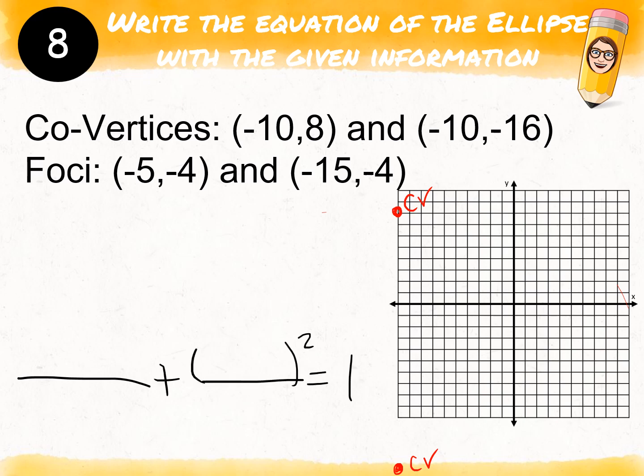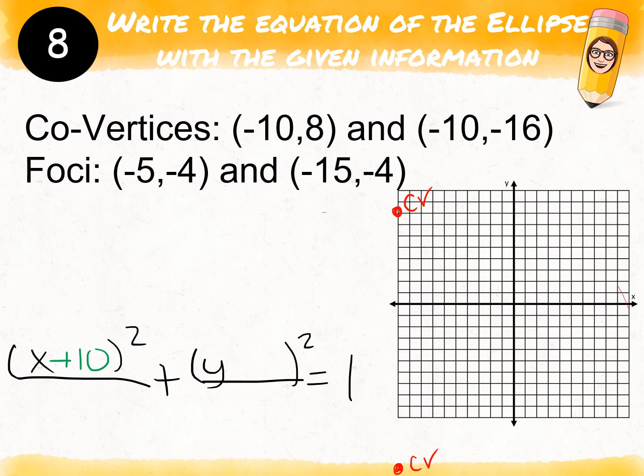So let's prep that so we can fill in those numbers. If I find the middle of those two dots, I'm going to exist at negative 10. That's guaranteed, so I can write plus 10. But we need to calculate our y value. The distance between negative 16 and 8 is 24, right?